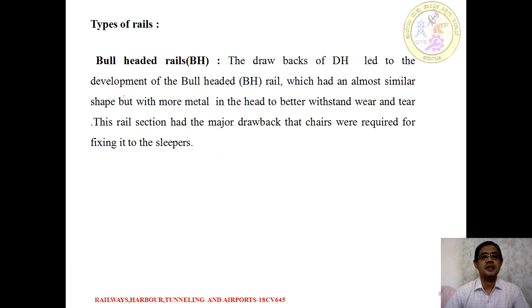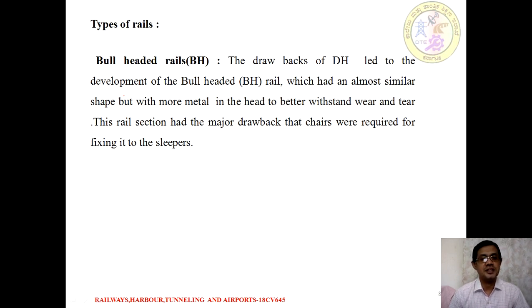Moving on to the next type of rail, this is called a bullhead. The drawback of the double head led to the development of the next type, the bullheaded rail, which had an almost similar, symmetrical shape. It can better withstand wear and tear.